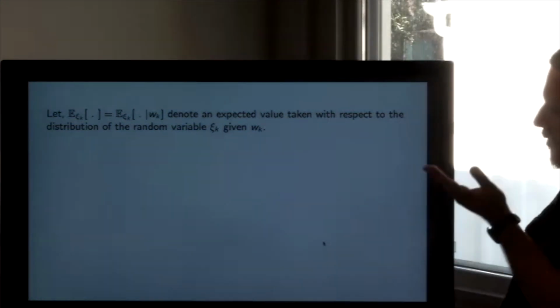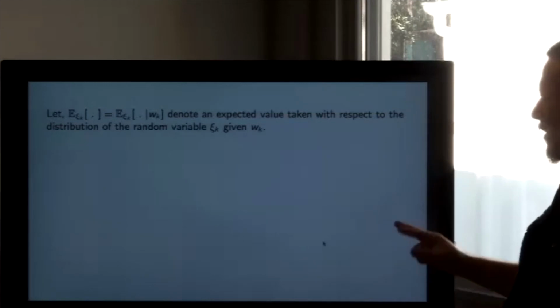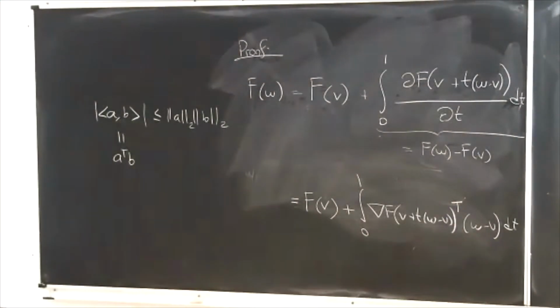Aside from this proposition, we are going to give our first result about SGD, the stochastic gradient descent method. Let me define E_k to denote the expected value taken with respect to the distribution of the random variable ξ_k given the point ω_k.